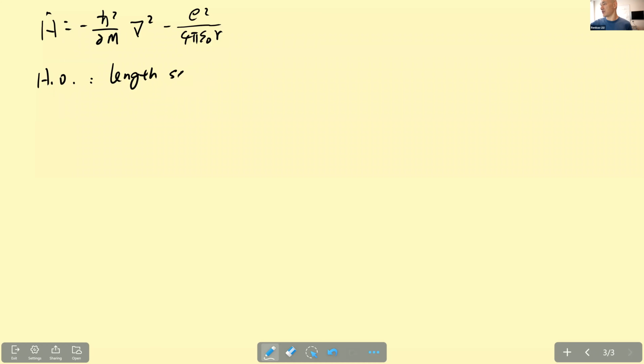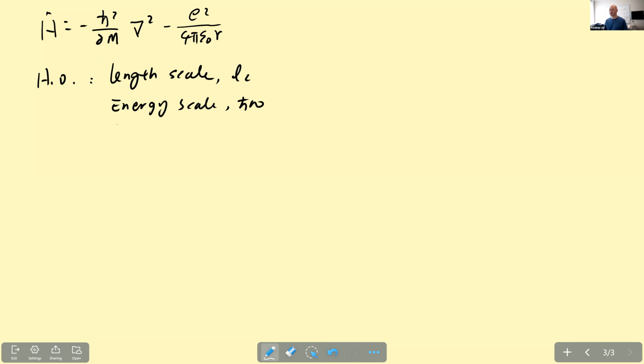Right. So let me recap this Hamiltonian. And we know that in the harmonic oscillator we have a length scale, remember l_c, an energy scale, h bar omega, and a momentum scale, of course, right?